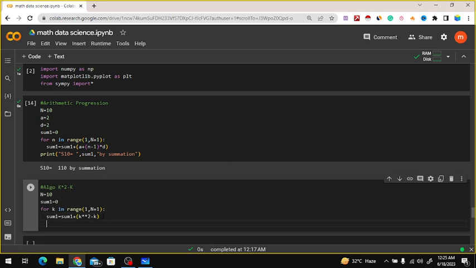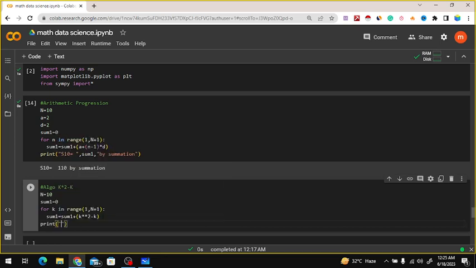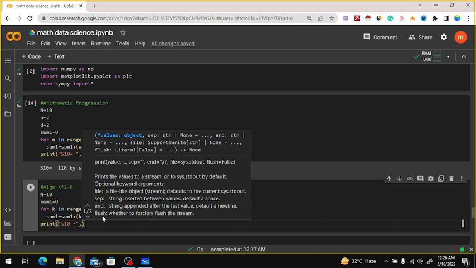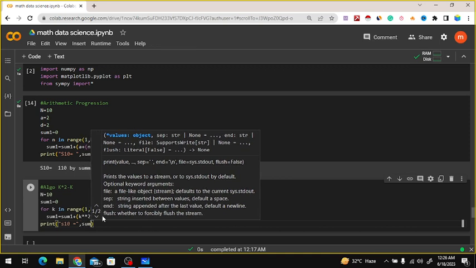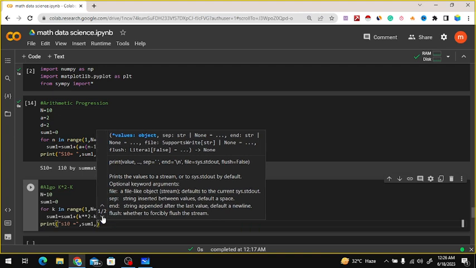And now print here. Print string should be equal to sum 1 and by summations.